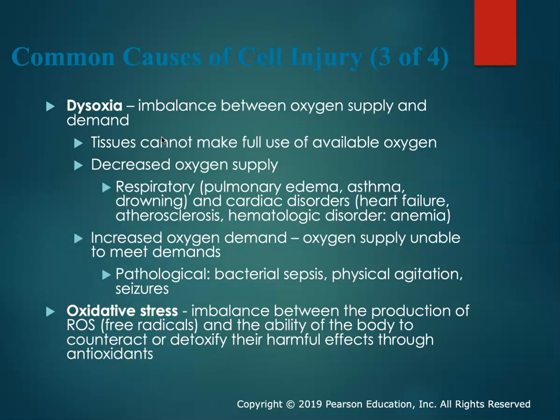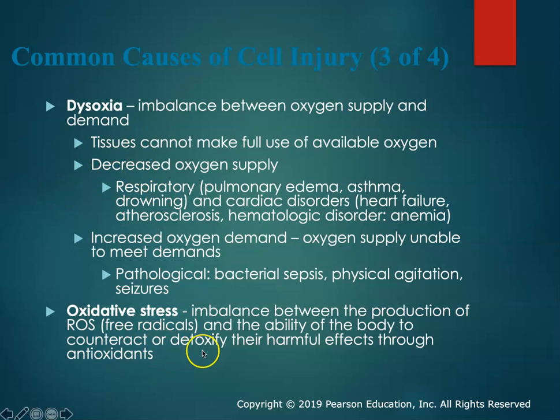Before, with hypoxia, we were talking about this sort of reduced availability of oxygen, okay? Here, it can have to do with either supply or demand, and it's kind of the balance between the two, okay? So that's the difference between dysoxia and hypoxia.